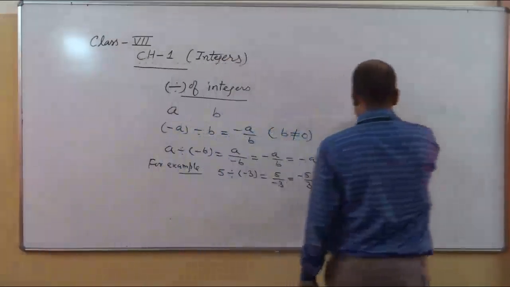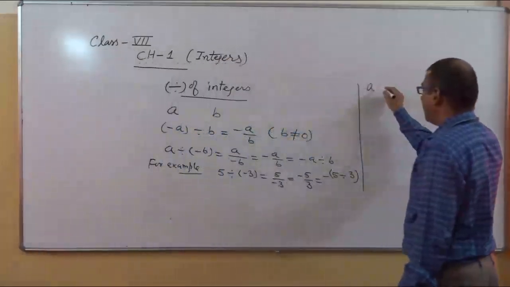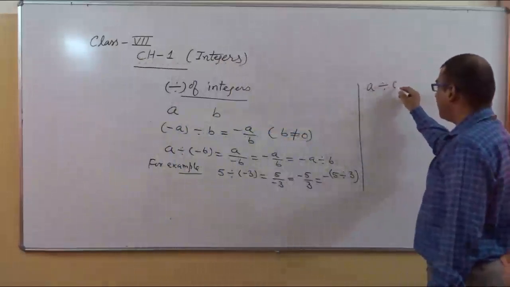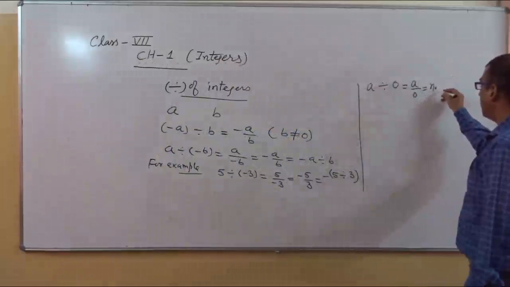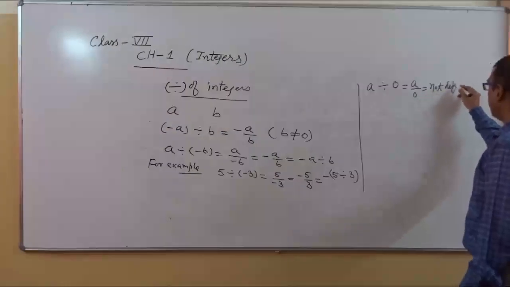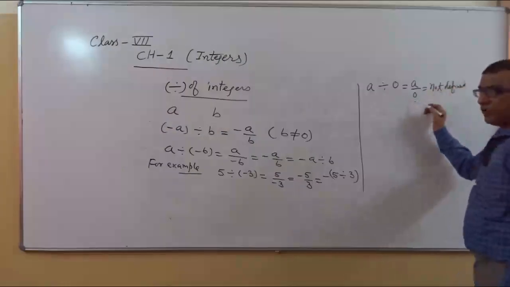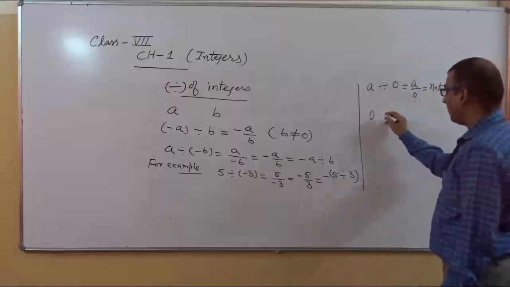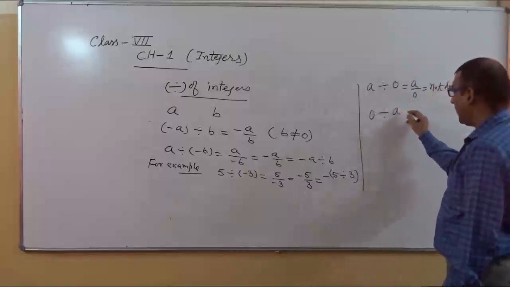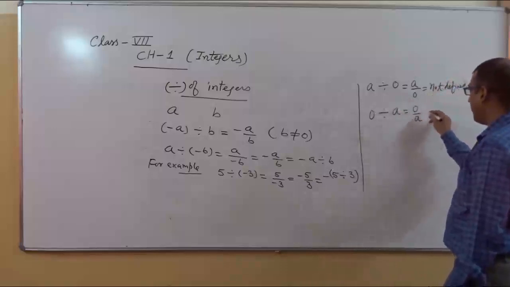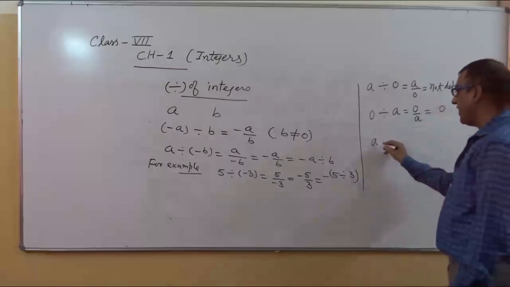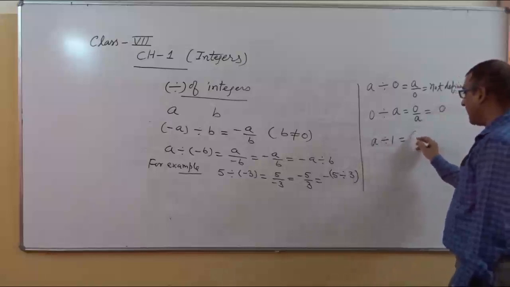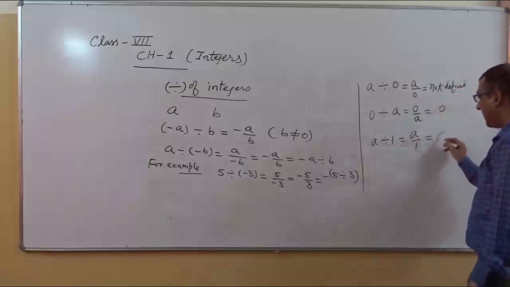After this, if we take one integer a and divide by 0, it can be written as a upon 0, which is not defined. Any integer divided by 0 is not defined, but if we divide 0 by a, it can be written as 0 by a, so the value is 0. If we divide a by 1, or a upon 1, we will get a.